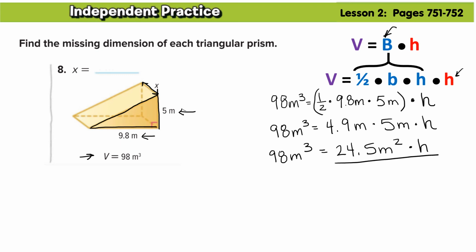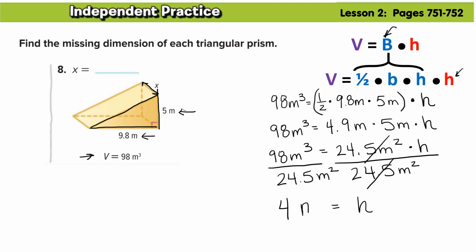Then we're going to divide both sides by 24.5 meters squared. This cancels out on the right, which leaves us h. If you divide 98 by 24.5, you get 4, and meters cubed over meters squared leaves just meters. So x, or the height of the prism, is 4 meters.